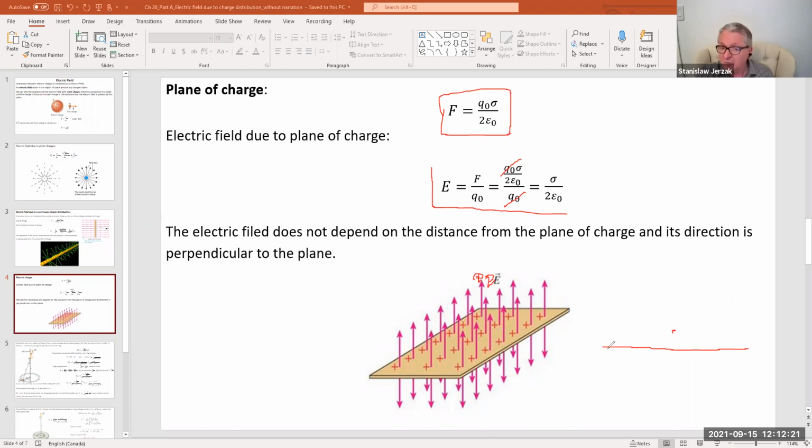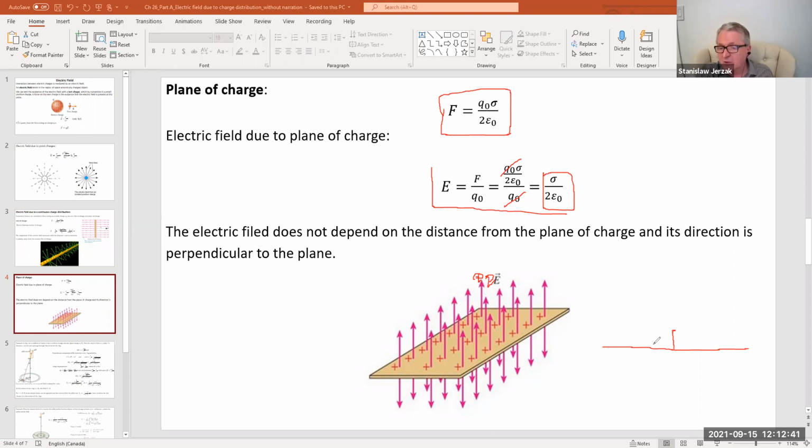So again, in practice, we will be using a plane of charge which is not infinitely large, but large. And then if the point is a relatively short distance from that plane of charge, we will use this approximation that the electric field is given by this expression.